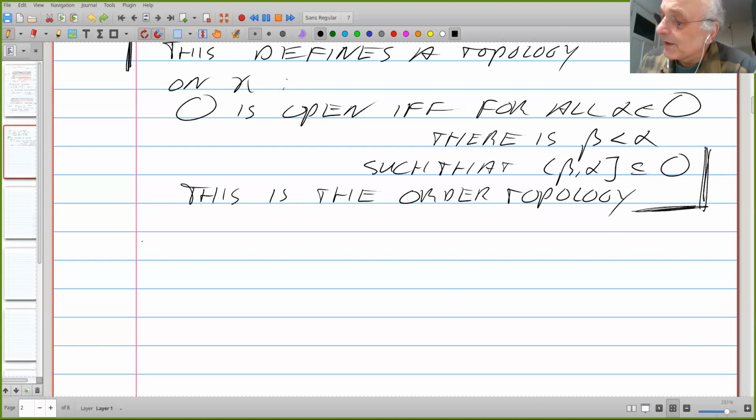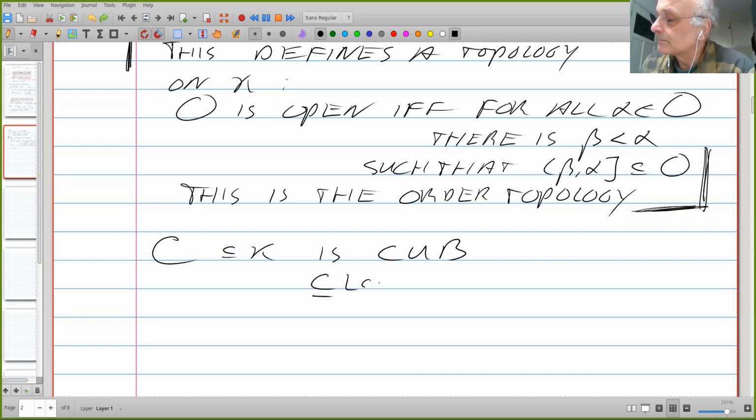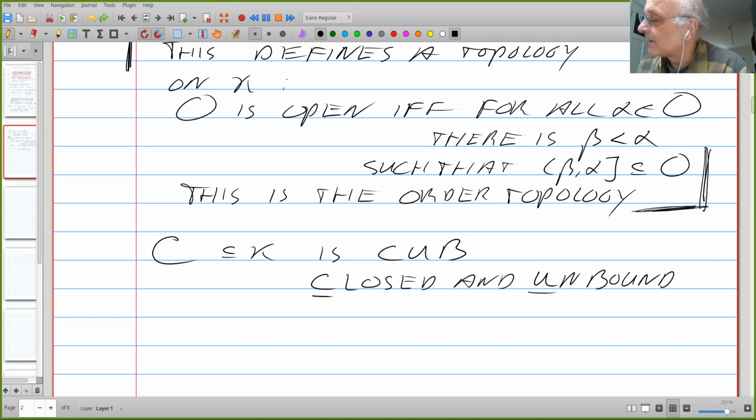And the important thing that we'll be talking about for the rest of the time is the notion CUB, C-U-B, closed and unbounded.